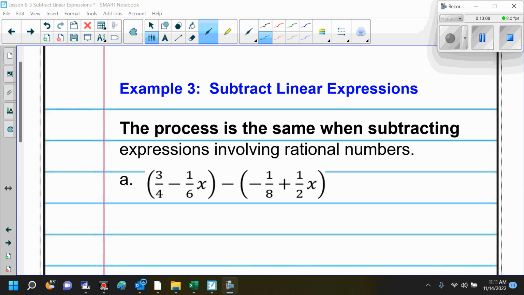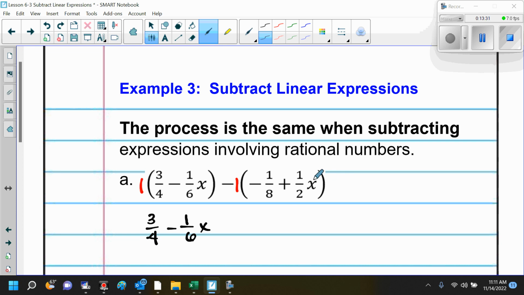Okay? So here, we have a 1 in front of here, and we have a negative 1 in front of there. So the first one, we can just take away the parentheses. So that's going to be 3/4 minus 1/6 x. Okay?